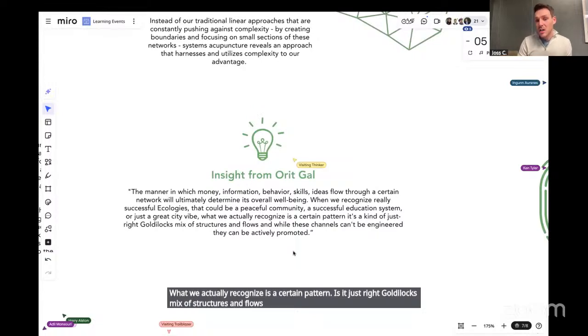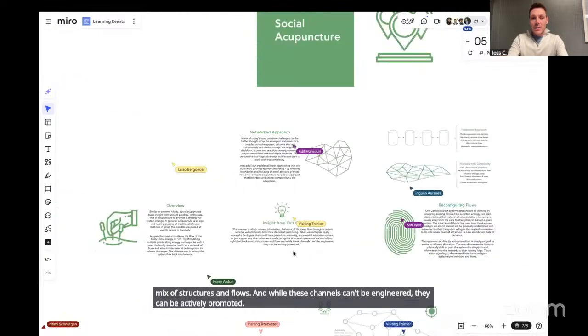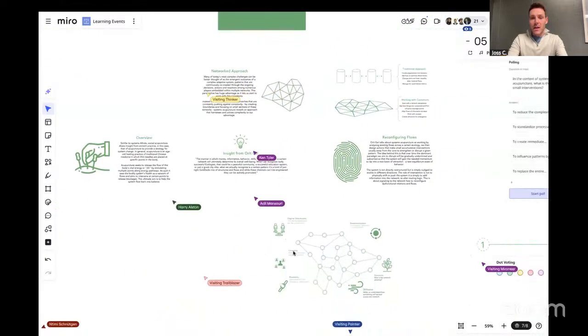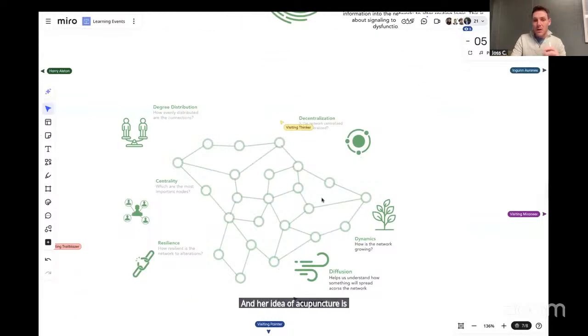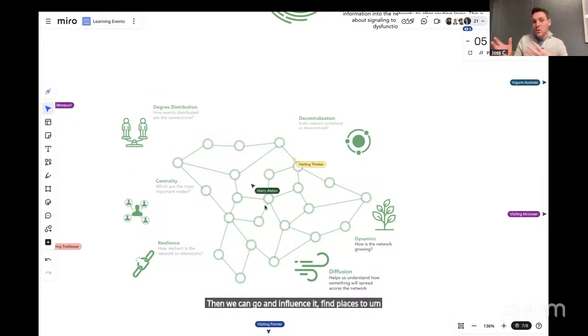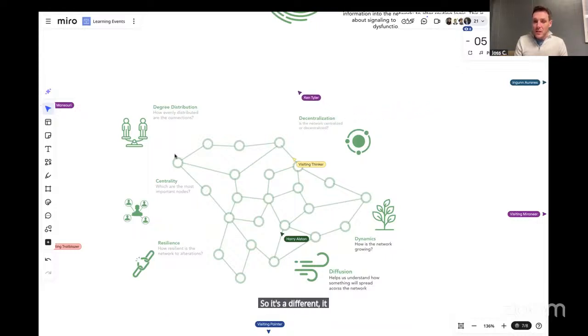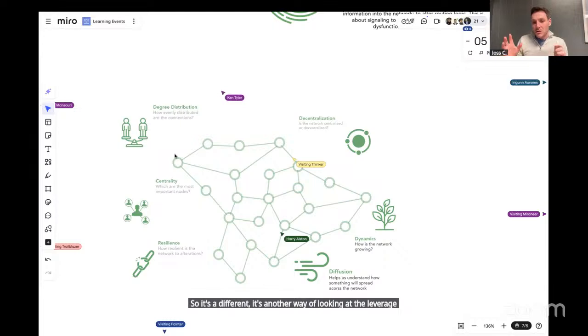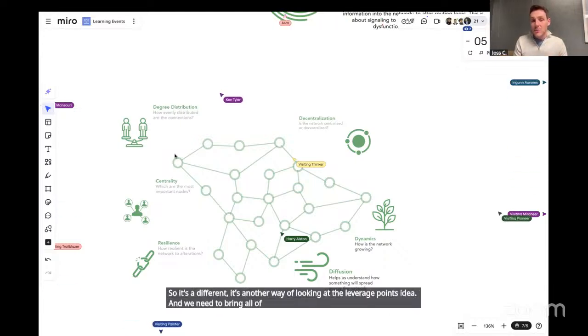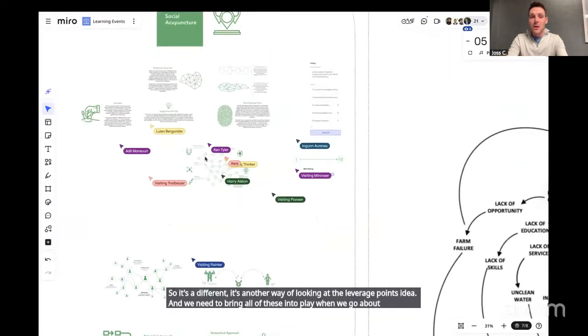And while these channels can't be engineered, they can be actively promoted. And her idea of acupuncture is, if we understand this network, then we can go and influence it, find places to potentially support the development of certain things in that network and try to disconnect and disrupt other elements in that system. So it's another way of looking at the leverage points idea, and we need to bring all of these into play when we go about doing this work.